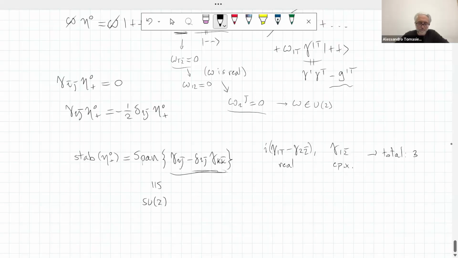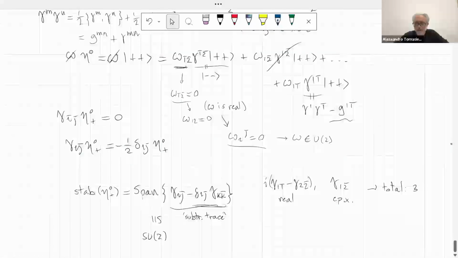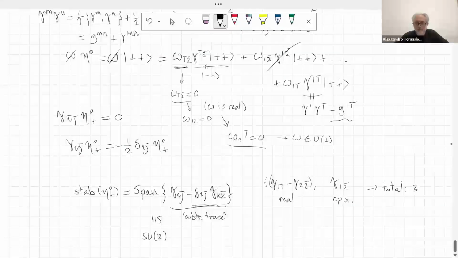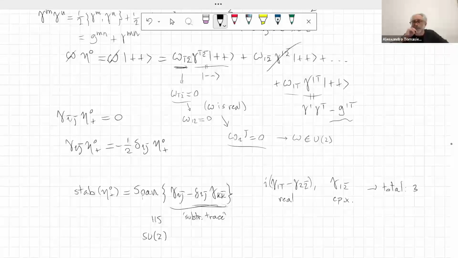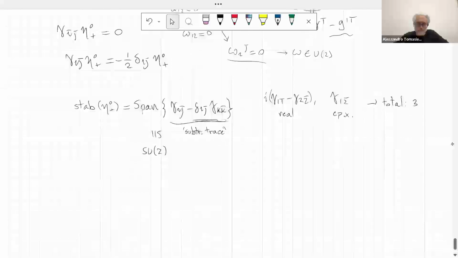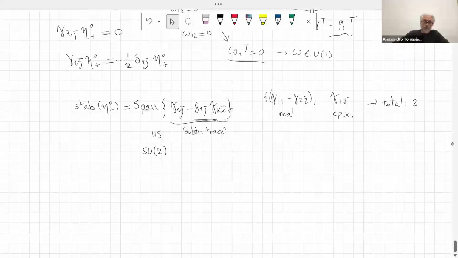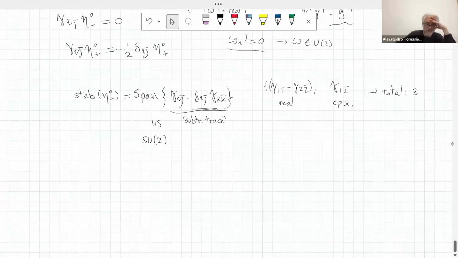Hence, the reduction to SU2. Remember, this subtraction of the trace comes about basically because we do have a condition on the omega ij bar as well. Okay, good. So this is what we have found in 4 dimensions in general.